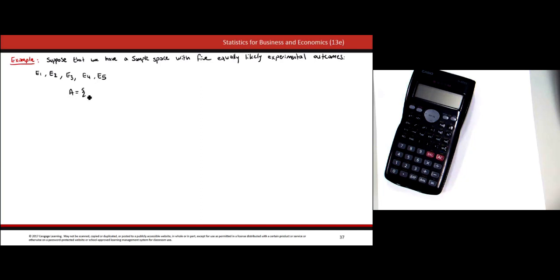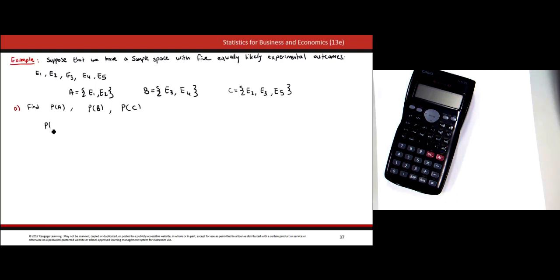Sample points E1, E2, E3, E4, and event A, B, and C. Find probability of A, probability of B, and probability of C.